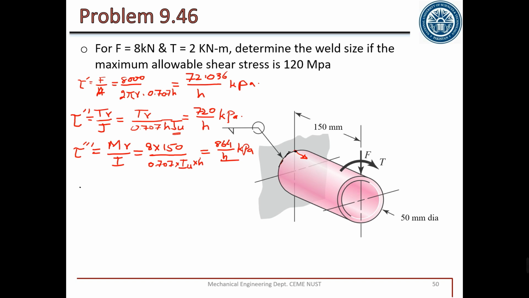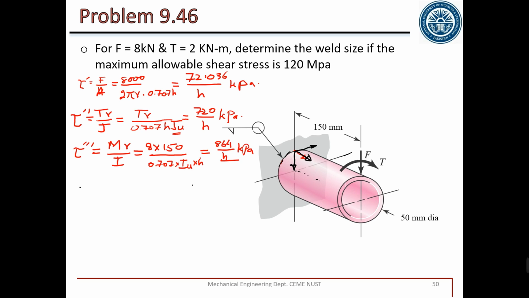At this point, the direction of secondary shear is parallel to this axis. Tertiary shear is parallel to this axis, and primary shear is parallel to this axis. We have all three perpendicular shear stresses: primary, secondary, and tertiary.